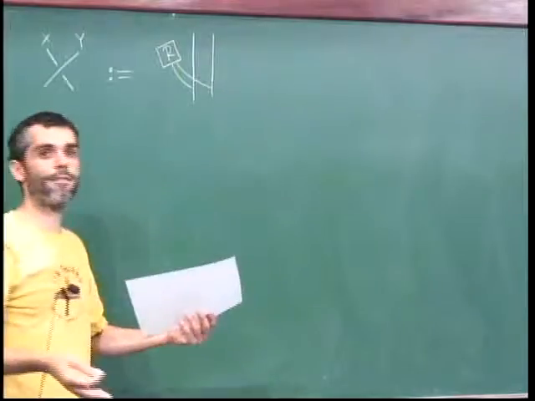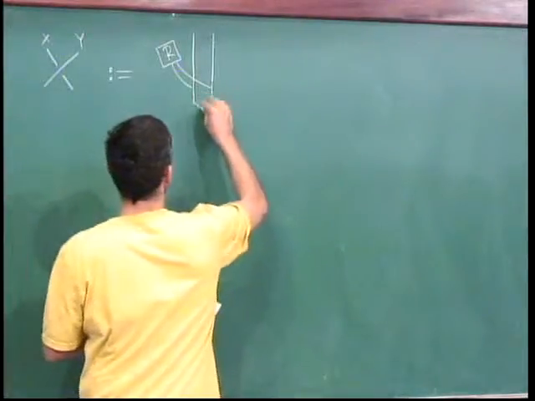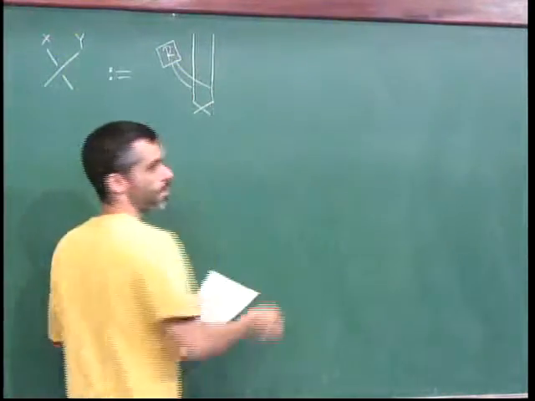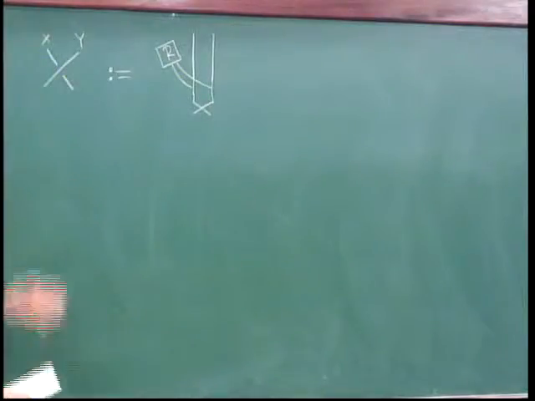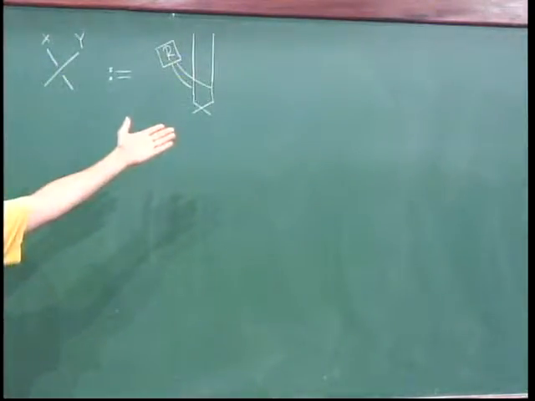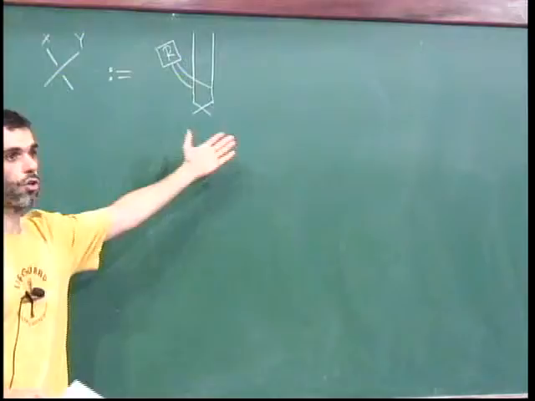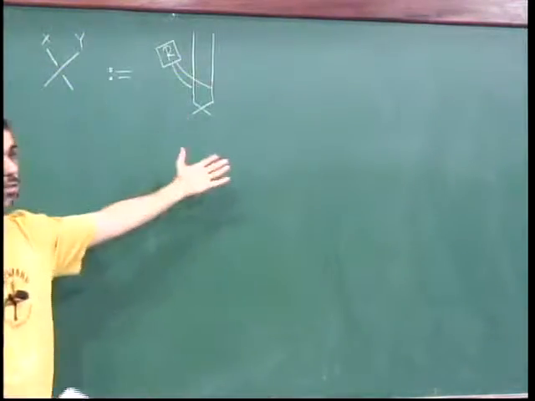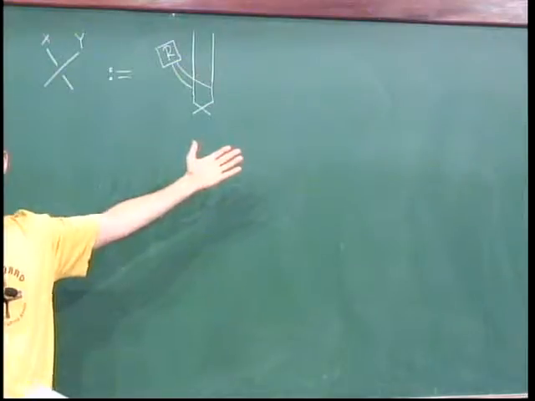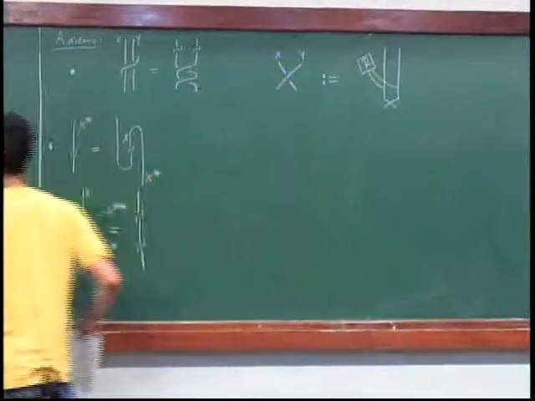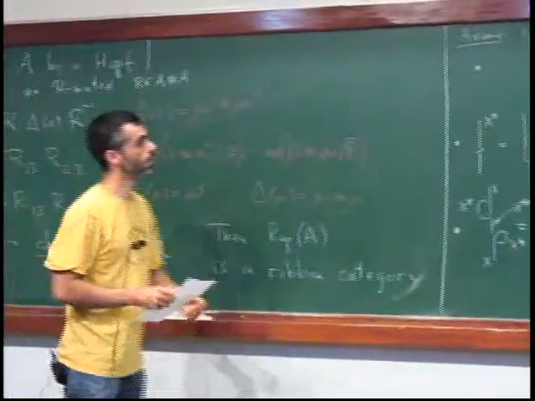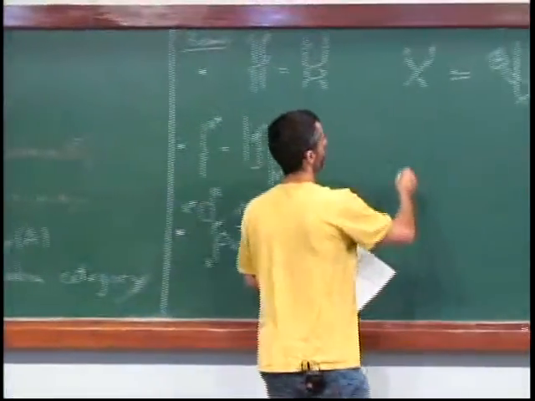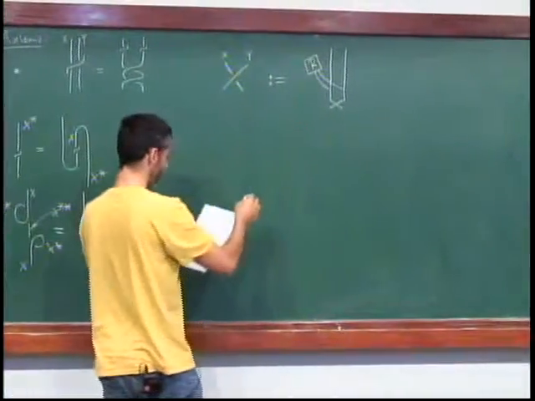And then I have, again, these two vector spaces that I just permute because they're vector spaces. This you can always write down. But this is not always going to be a map of representations. For it to be a map of representations, you need that equation. So this is the braiding in the category.